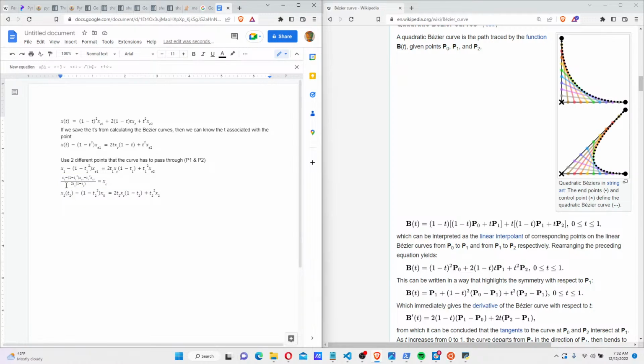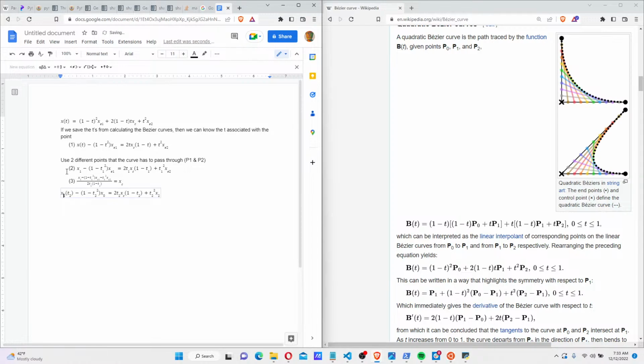And then so this is equation 1. It's 2 different points, so now we get equation 2 here. Okay. This gives us equation 3.